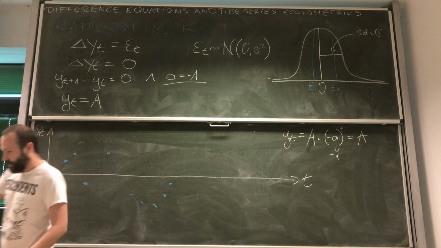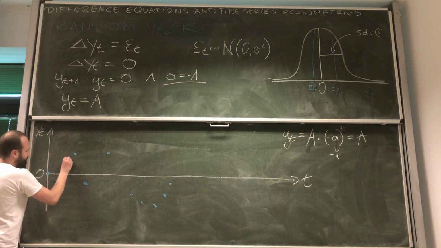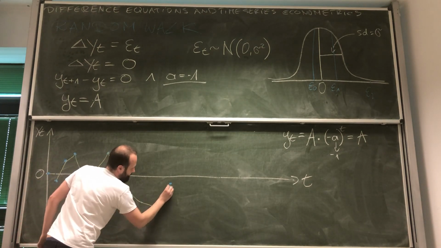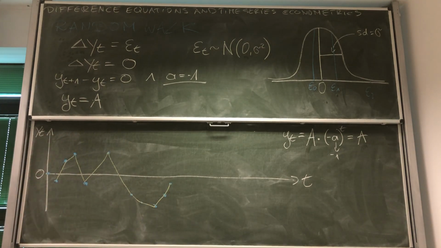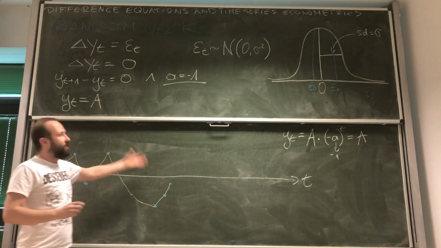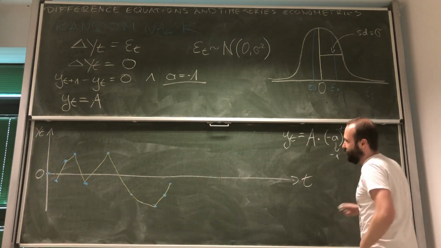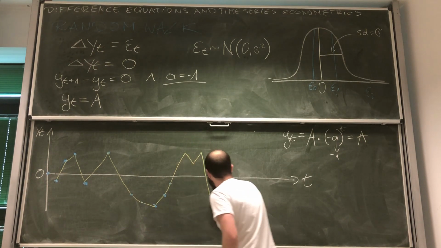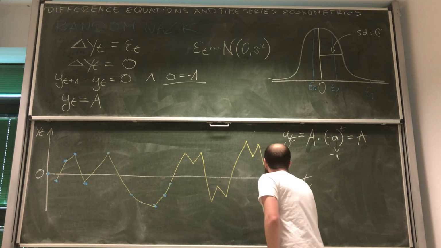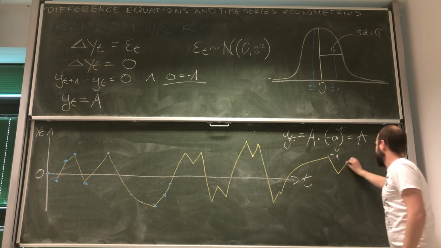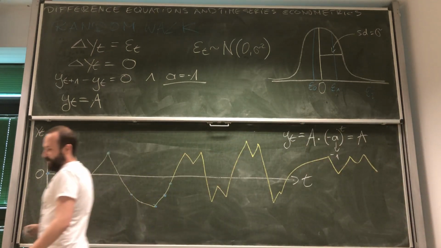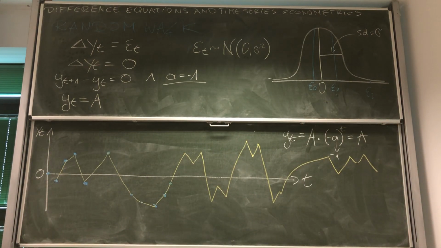And look what is happening. If I'm connecting those dots, I'm starting to have a picture like that. And look, if I would be drawing from this distribution more and more shocks, we would see that we will have something like that. This is why we call this process a random walk.